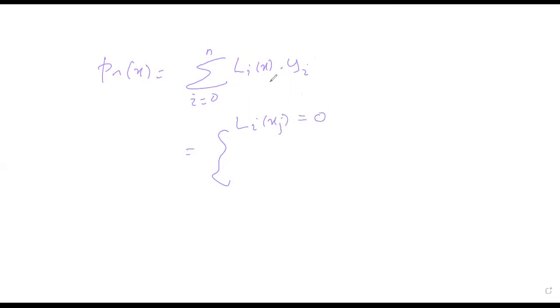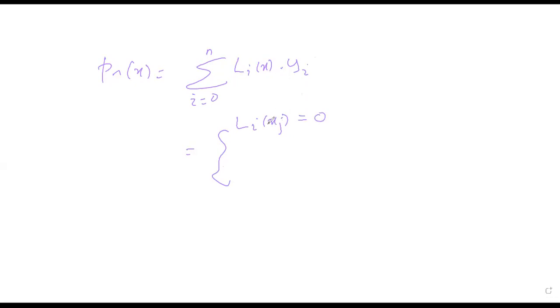As we have our Pn(x), that's what we have seen at last, the sum for i equal to 0 to n of Li(x) times yi or fi, anything. In this we have Li(xj).